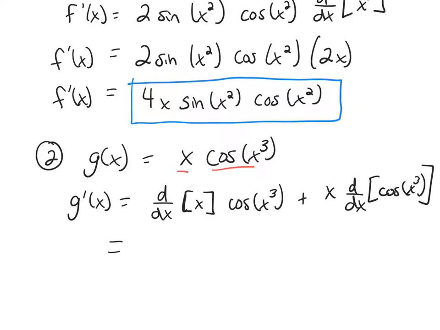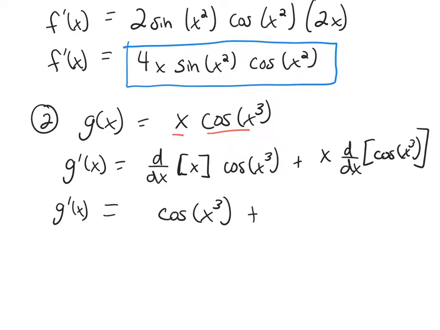So the derivative of x is just 1, so this will be cosine of x cubed. And if you look at this second derivative you have to compute, what are you going to need to use? Again, there's an inside and an outside, so you're going to have to use the chain rule just like we did on the previous problem. So the derivative will be the derivative of cosine. It's a negative sign.